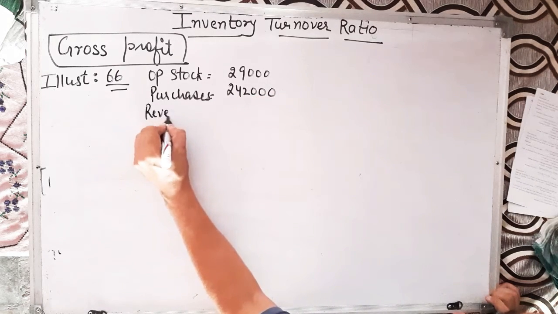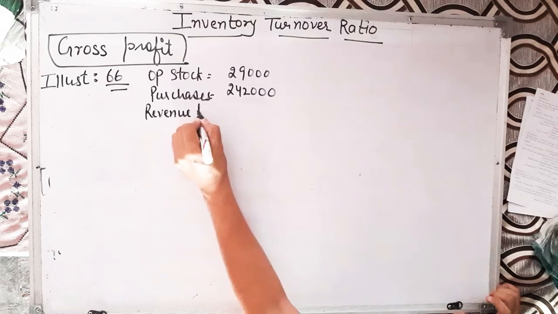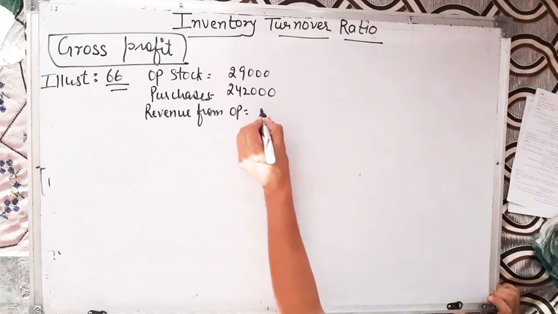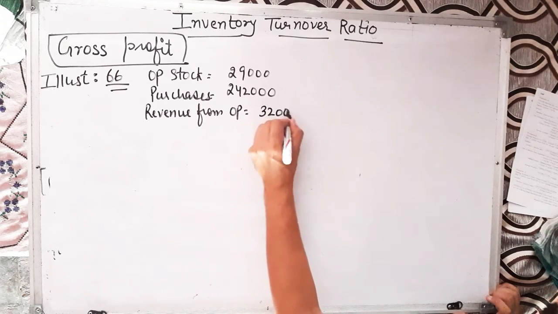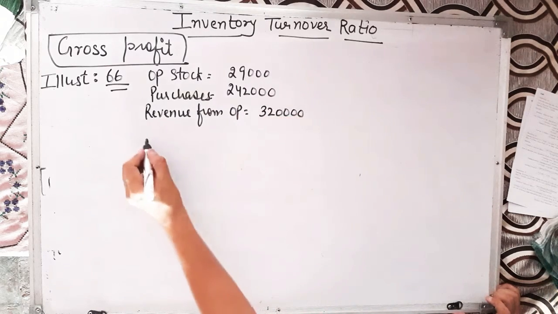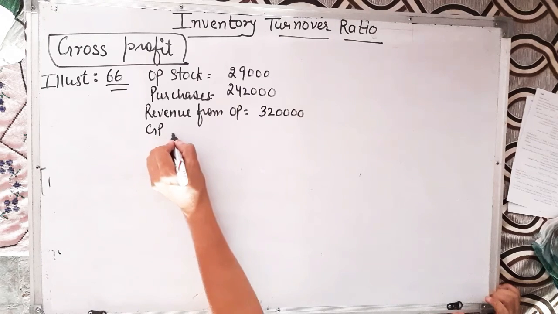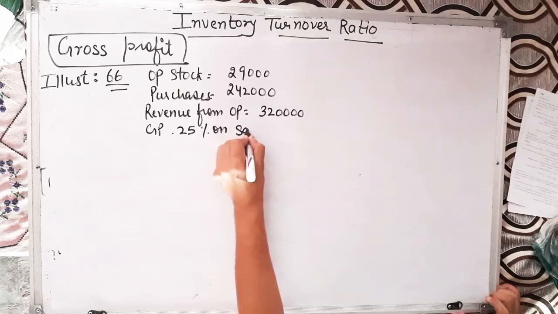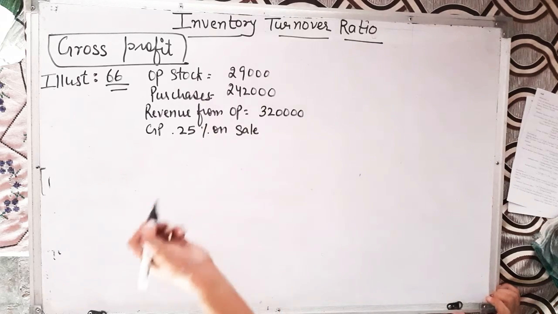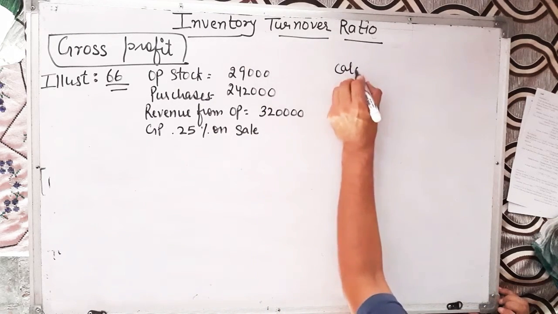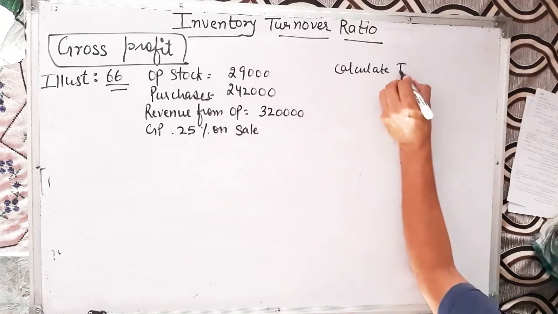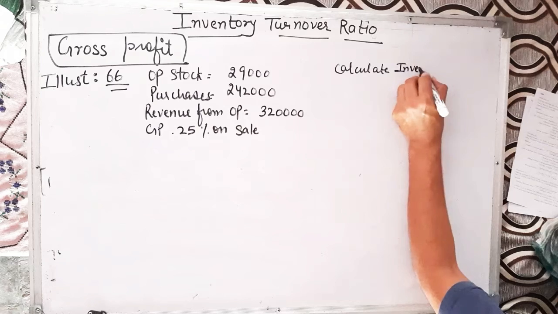Revenue from operation is equal to 3,20,000. Gross profit is 25% on sale. Calculate inventory turnover ratio.